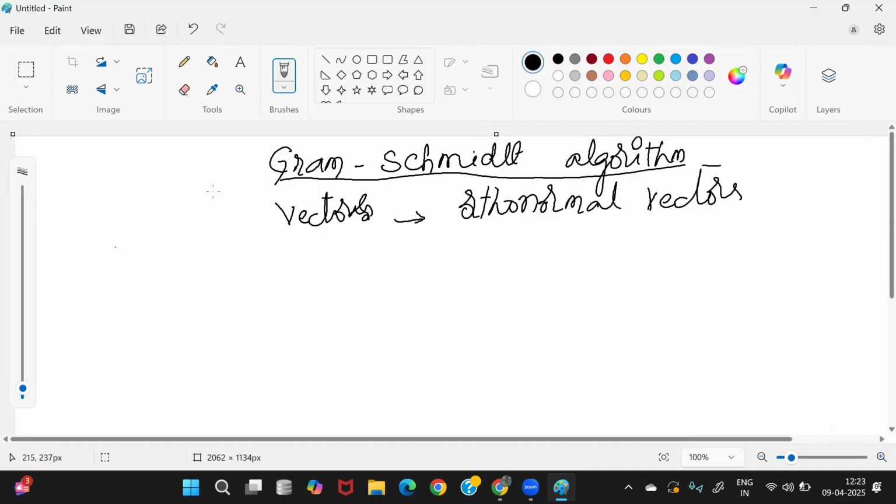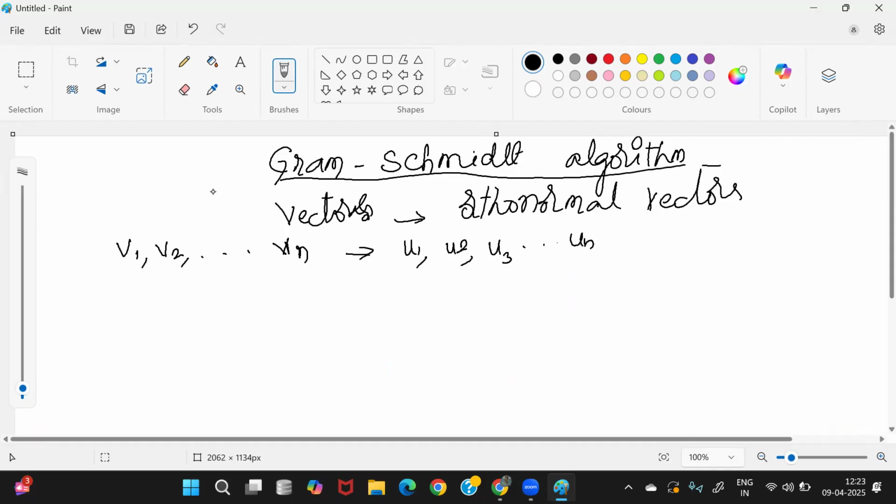Suppose we have vectors v1, v2, and so on up to vn. Using the Gram-Schmidt algorithm, we can convert them into orthonormal vectors u1, u2, u3, and so on up to un.